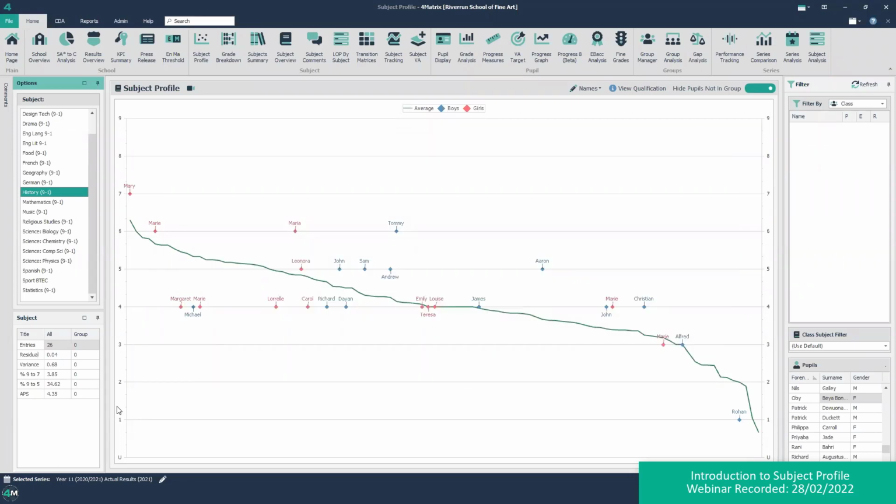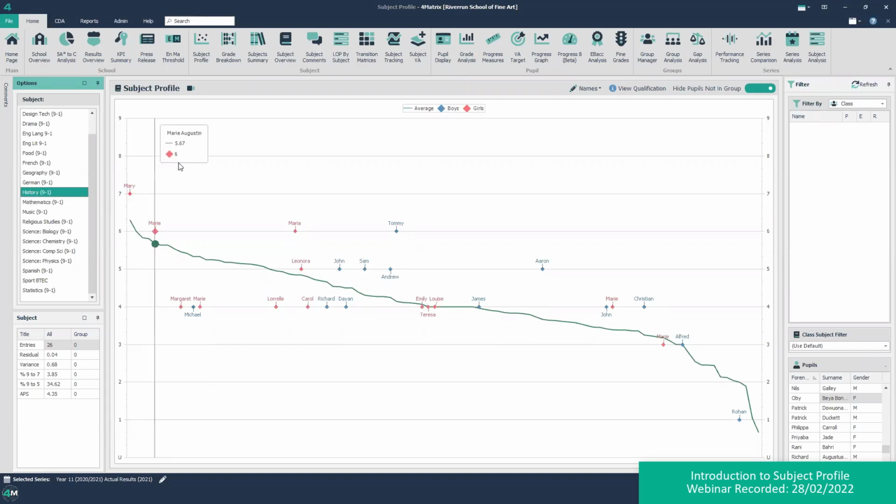So in this example, we're going to look at how the residual for history is calculated. In this scenario, it's for an actual results series, and we can start to look at this through the subject profile. So I've got history selected from the subject select panel on the left of the screen.